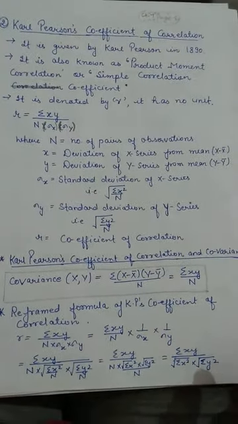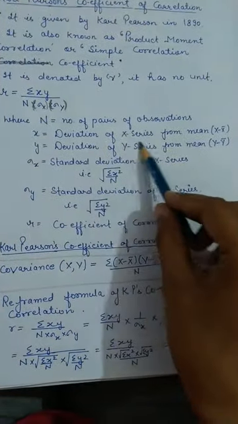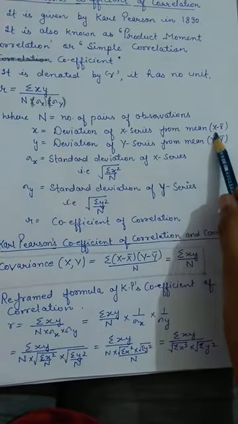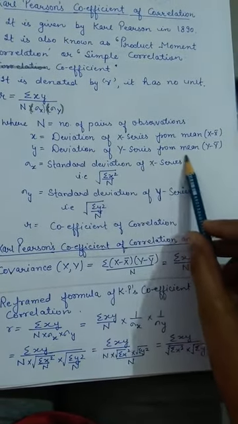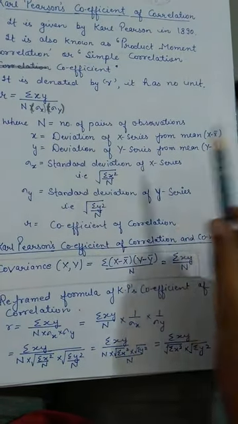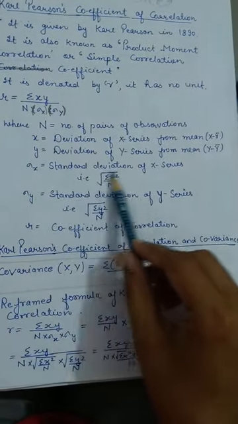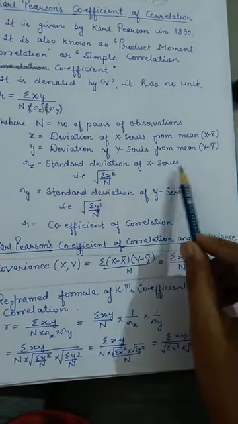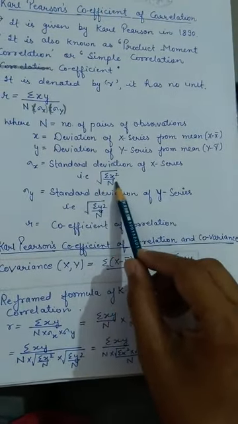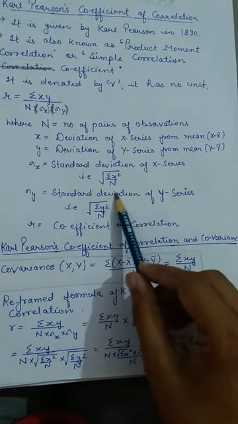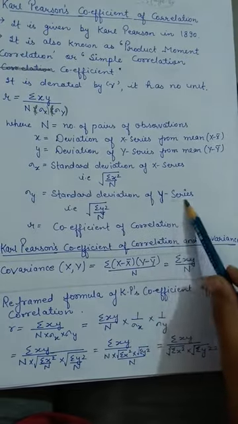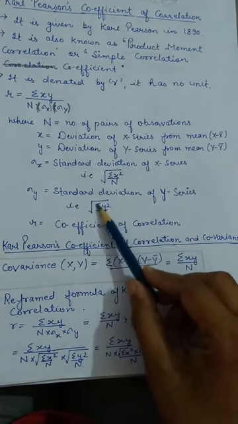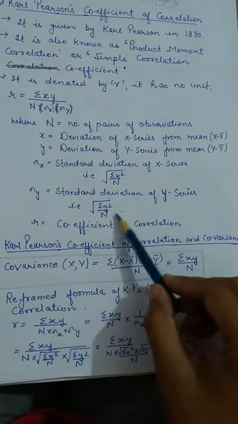That is the deviations of the x series from the mean, that is x minus x bar. y is the deviation of the y series, that is y minus y bar. Mu x is the standard deviation of the x series, that is the square root of sigma small x square upon n. Mu y is the standard deviation of the y series, that is the square root of sigma small y square upon n.